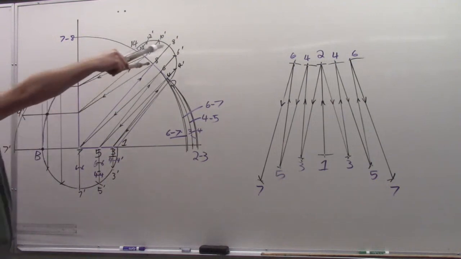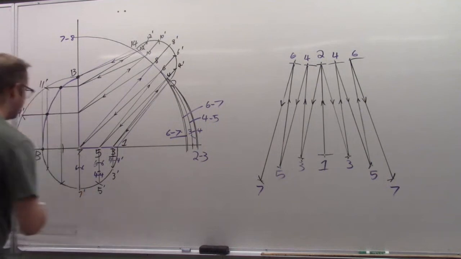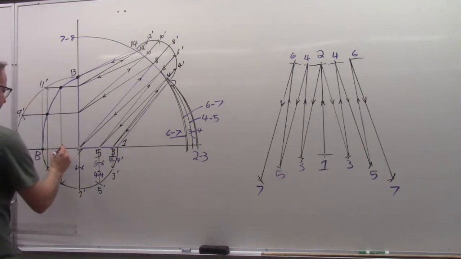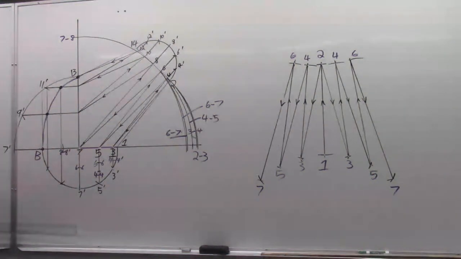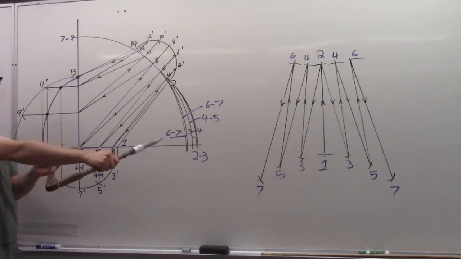So now we're 8 to 8 prime. This comes over from that point, right there. So that can be 8, 8 prime, from right there. Okay, I'm not going out this way, side to side, to triangulate.